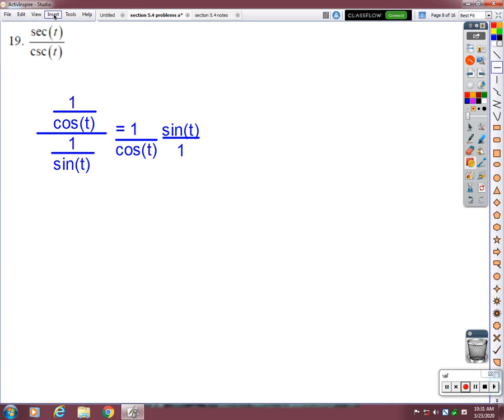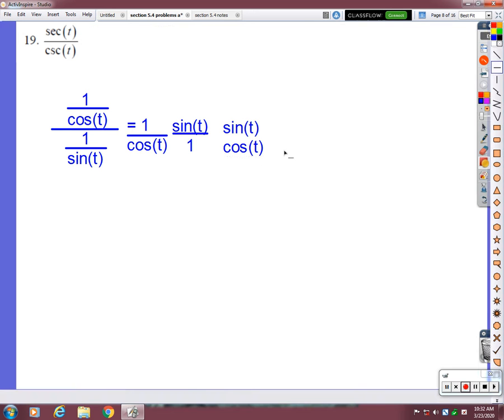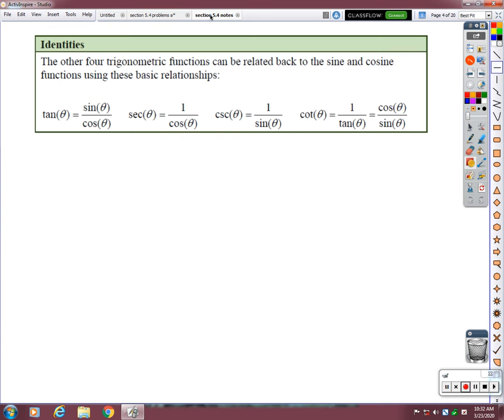And then if I multiply those together, I end up with sine t divided by cosine t, which, if we look back here, sine over cosine is tangent.